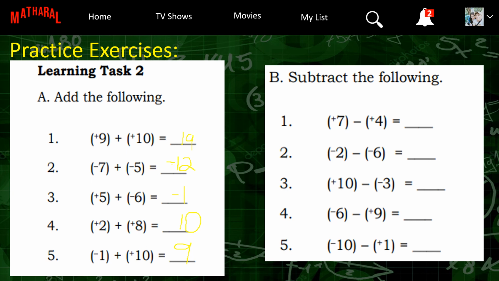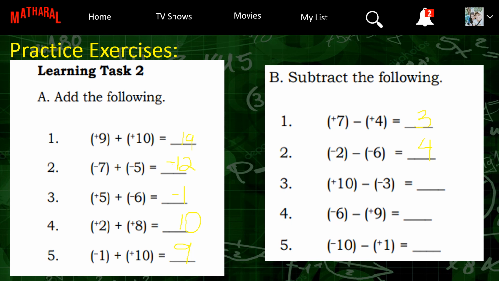On letter B, subtract the following. So, sa subtraction part na po tayo. Positive 7 minus positive 4 is positive 3. Okay? Parang 7 minus 4 lang yan. Negative 2 minus negative 6 is positive 4.